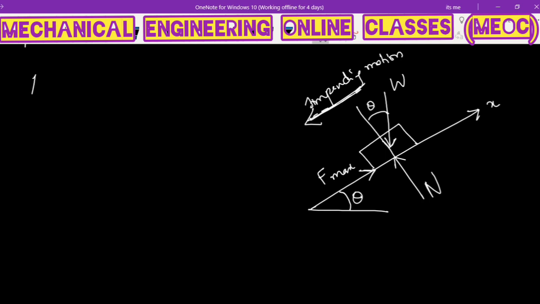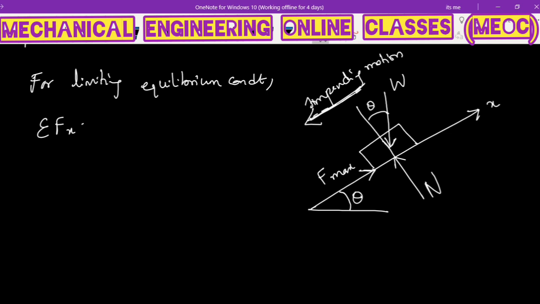So for the equilibrium condition, we want to find the maximum value of theta where impending motion happens. So at the impending motion the friction will be maximum, that is F max. So for limiting equilibrium condition, we have sigma Fx is equal to 0. X axis is along the inclined plane. So let us split W along the plane and perpendicular to the plane.